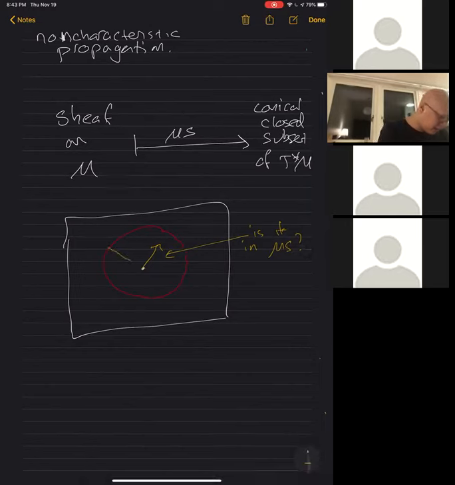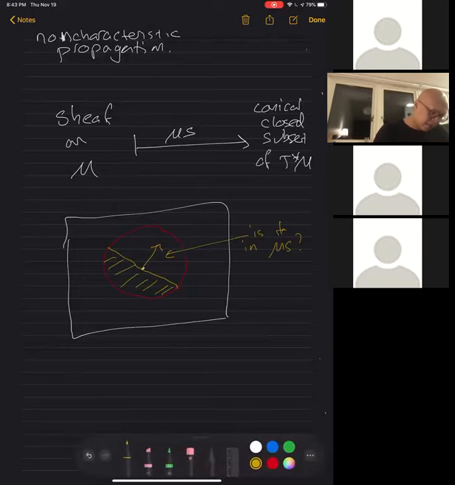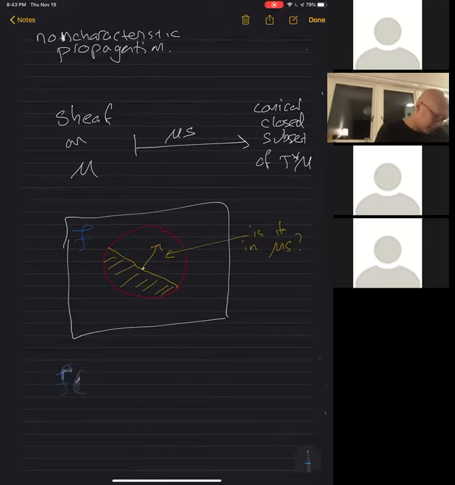And you take the things on one side of that hyperplane. And then you compare, so there's some sheaf F living here, and you compare F evaluated on the red region to F evaluated on the yellow region.